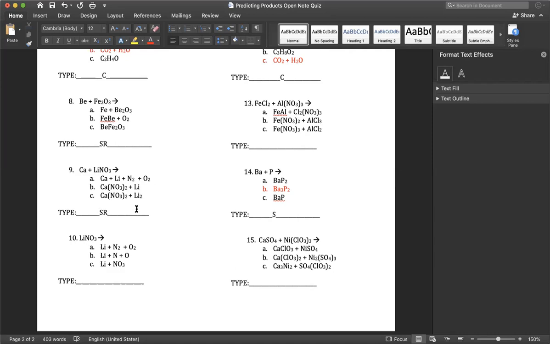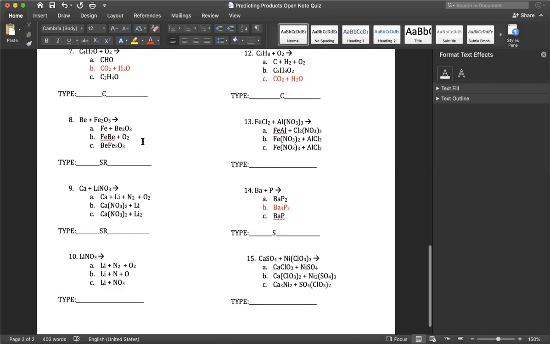So now when I write these, what am I going to do with my metals? They switch spots. Okay. So which thing is going to be by itself, like Be is in my products? Fe for number 8. Which of these is the only one where Fe is by itself?